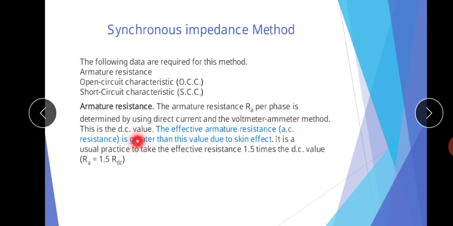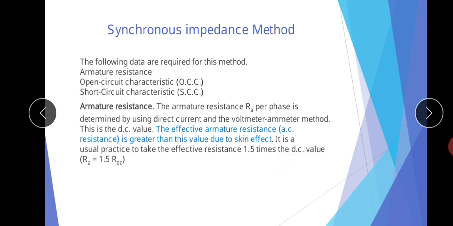This is the DC value. The effective armature resistance, the AC resistance, is greater than this value due to skin effect. It is usual practice to take the effective resistance as 1.5 times the DC value.